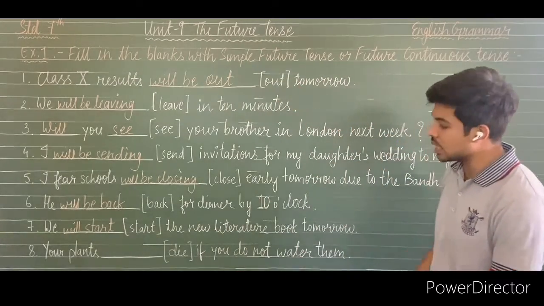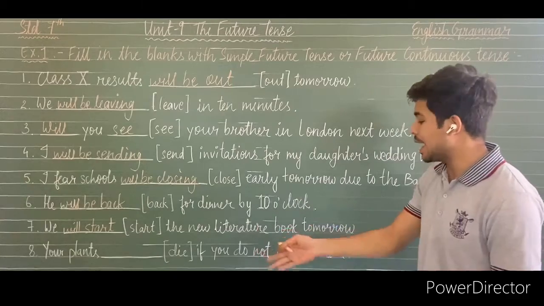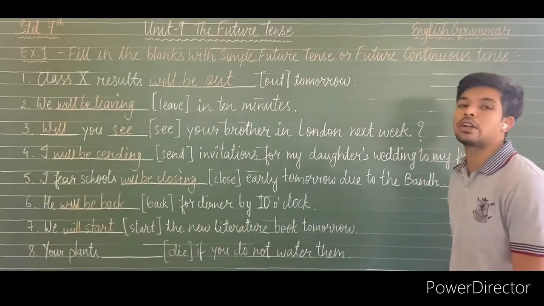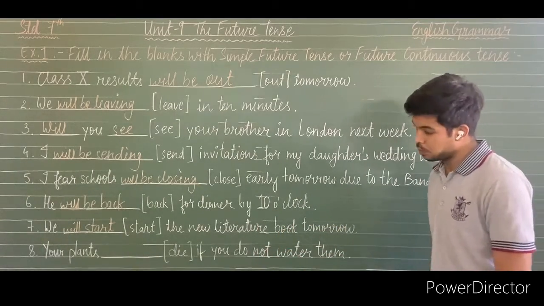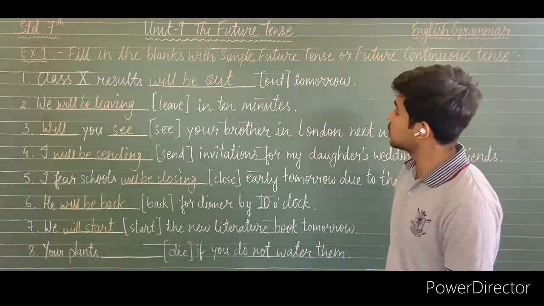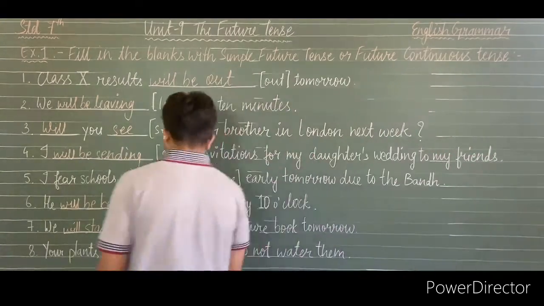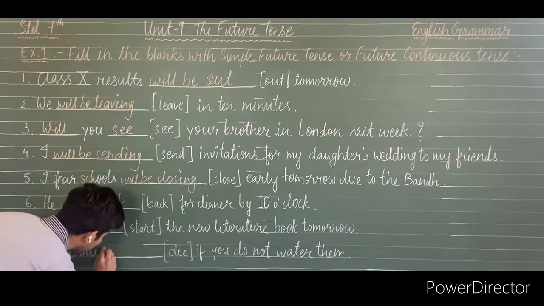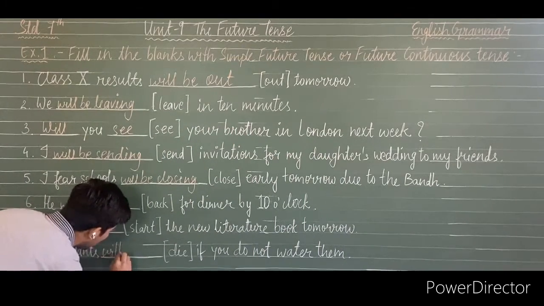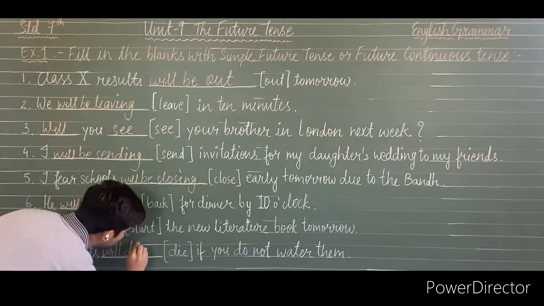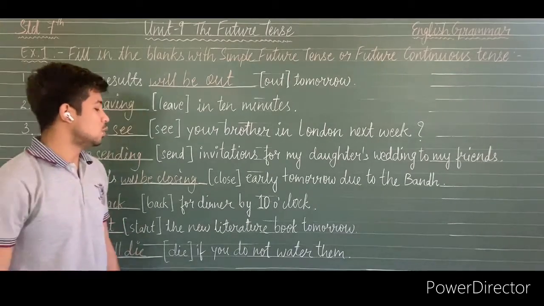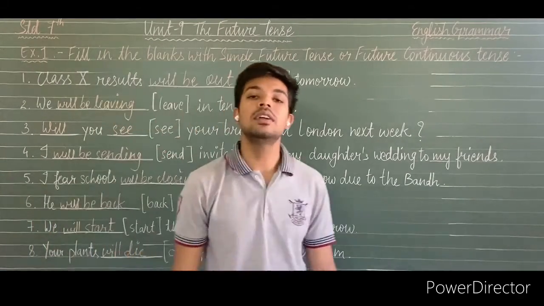Now the last one, the eighth: your plants blank if you do not water them. So this sentence is also in the simple future tense, and we'll write it like: your plants will die if you do not water them.